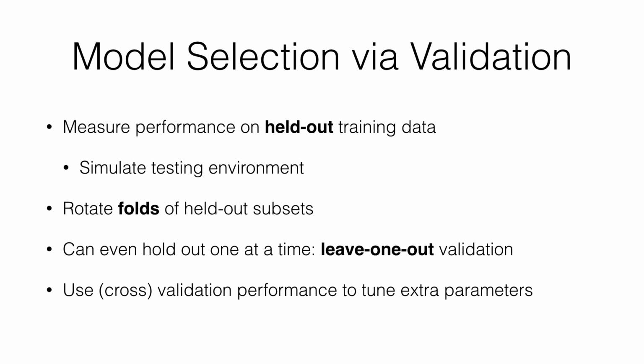The goal is basically to simulate the testing environment, the original process I showed you, where you train your machine learning model on your training data, and then you send it out into the real world and hope it doesn't bankrupt your company. So the idea is you're going to rotate folds of held out subsets, and you can even hold out one at a time, so that would be leave one out validation. And you can use cross-validation on your training data to tune extra parameters.